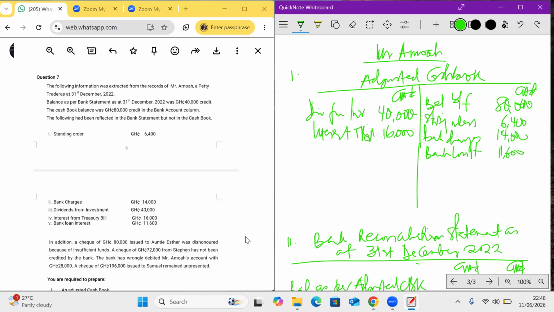In addition, a check of 80,000 issued to Antiesta was dishonored because of insufficient funds. A check of... No, no, no. 72,000. You read one, you do the entry before you move to the next. Okay, so dishonored check. Where? That was debit. Madam, check the format.